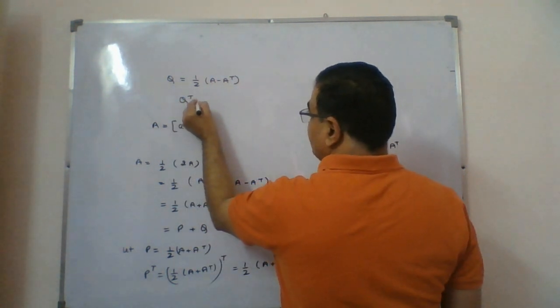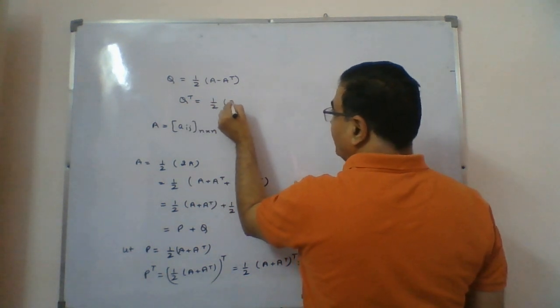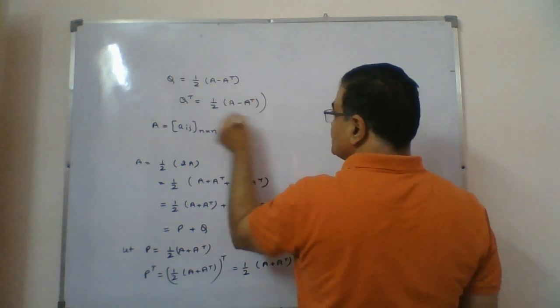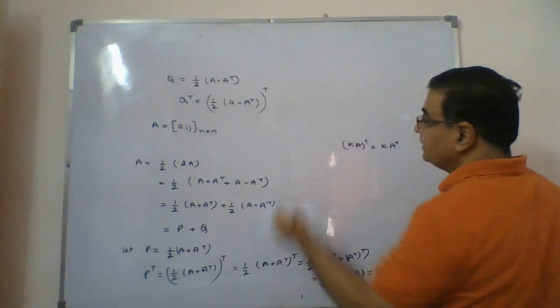Then I'll take Q transpose, it will be half of A minus A transpose whole transpose.